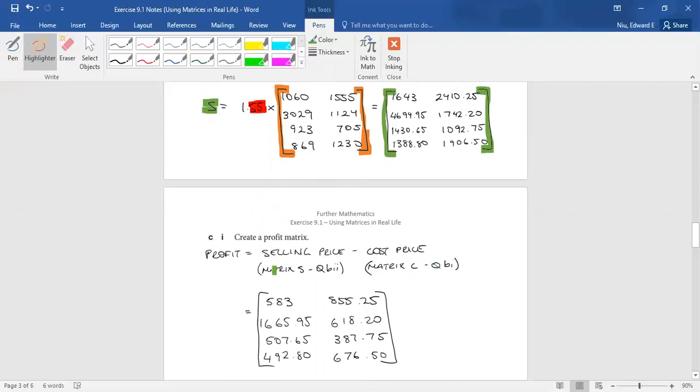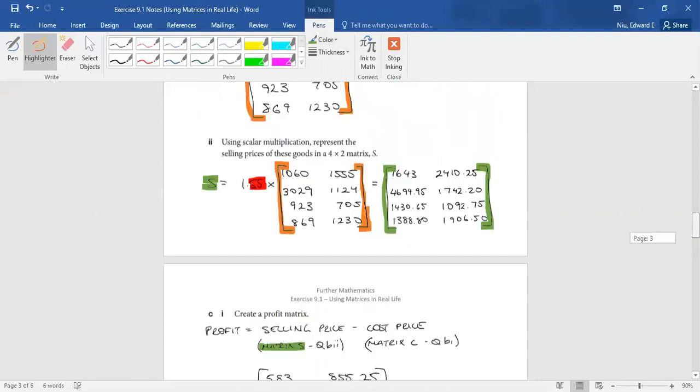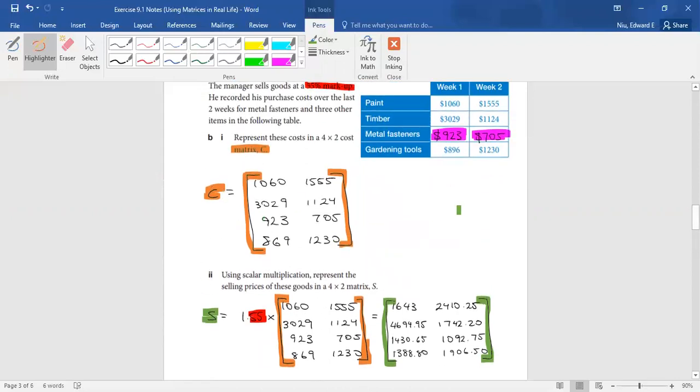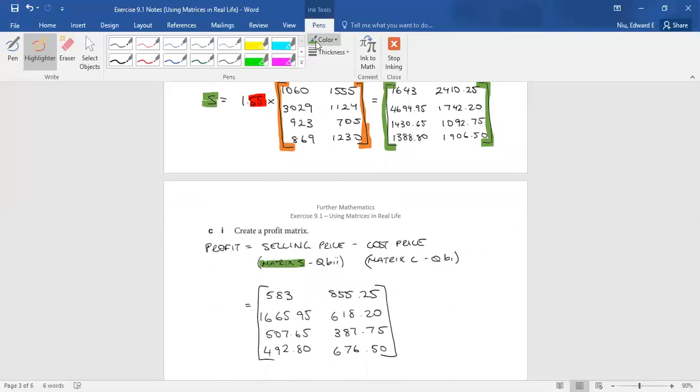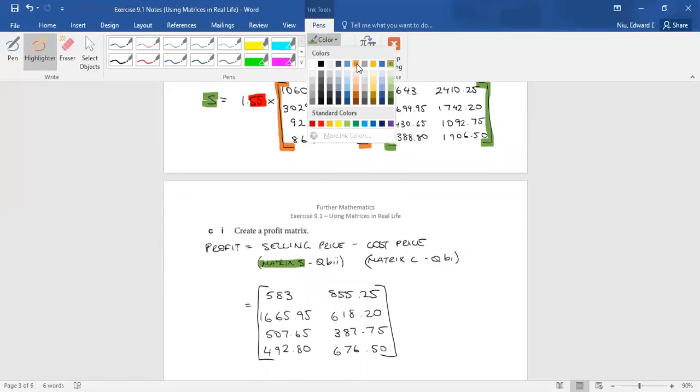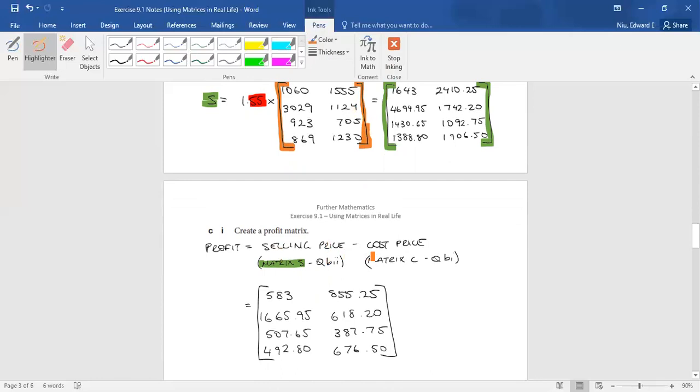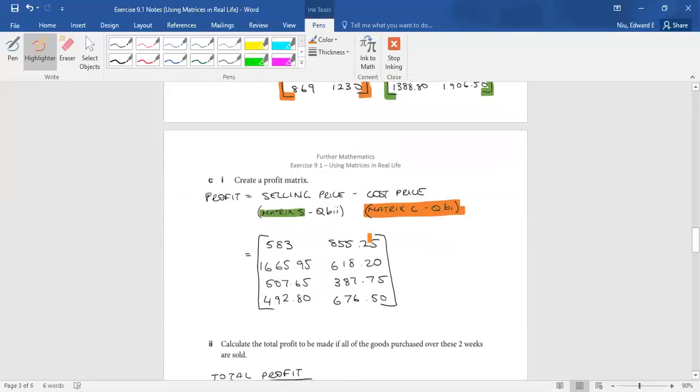Well, matrix S here is going to have to be deducted by matrix C. So if we go back up, matrix C is that weird tan color. And what you do is you put those two matrices in your CAS, or you can do it in your head if you really want that challenge of just doing a simple subtraction 8 times over. You'll get this matrix of 583, 855, and so on and so forth.